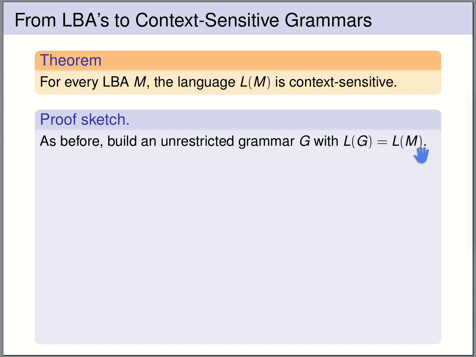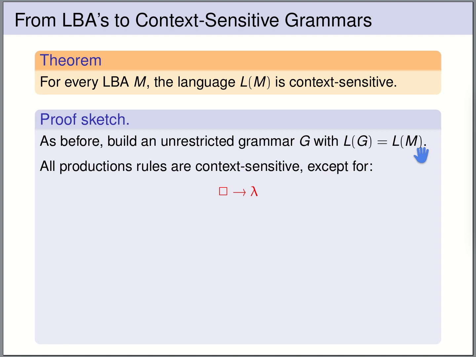And if we then have a look at the grammar that we obtain, we actually find that all of the rules are context sensitive. So for all rules of the grammar that we have generated, the right-hand side is never shorter than the left-hand side, with one exception, and the only exception is this rule, which allows us to remove the blank symbol, replace it by the empty word.